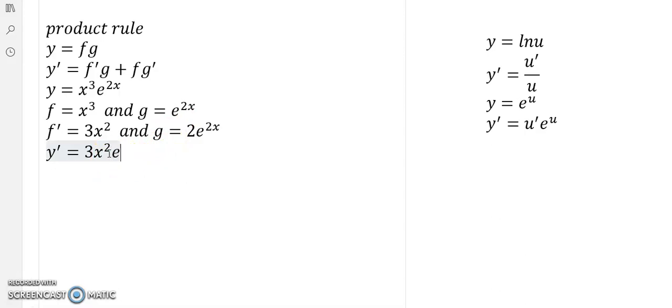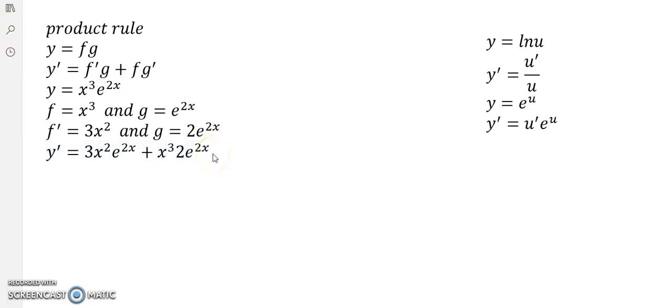Then we're going to get e to the power 2x plus f, the original function, x to the power 3 times the derivative of g, which is 2e to the power 2x. Okay, just like that.